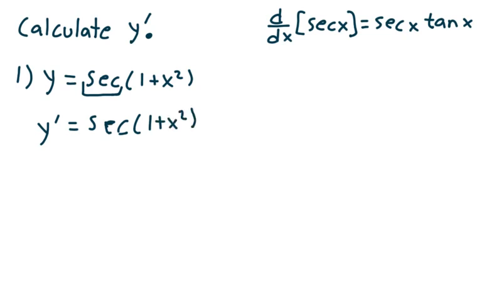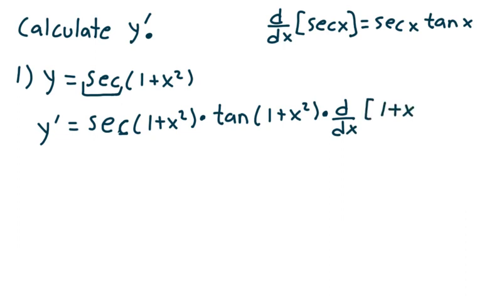And then I'm going to multiply by tangent of 1 plus x squared. But remember, I have to take that quantity and multiply by the derivative of the inside function. So in other words, I'm going to multiply by the derivative of 1 plus x squared with respect to x.